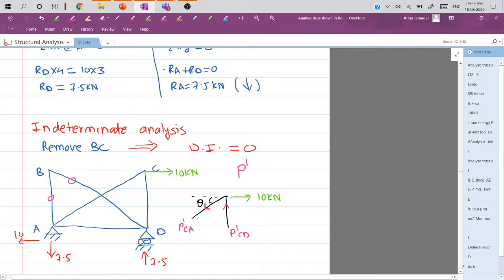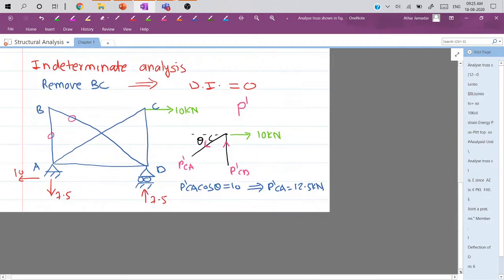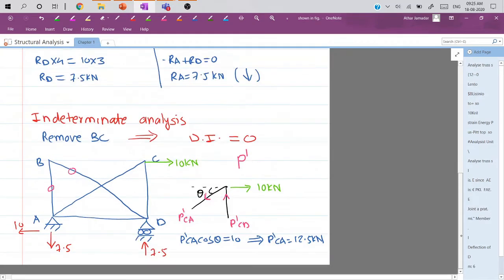First I will assume P dash CA as going away from the joint, or tensile, and P dash CD as going toward the joint, or compressive. If I resolve by taking summation of horizontal forces equal to 0, I get P dash CA cos theta is equal to 10 kilonewton, which leads to P dash CA is equal to 12.5 kilonewton.